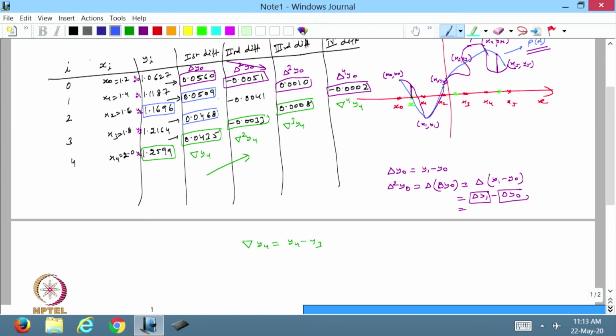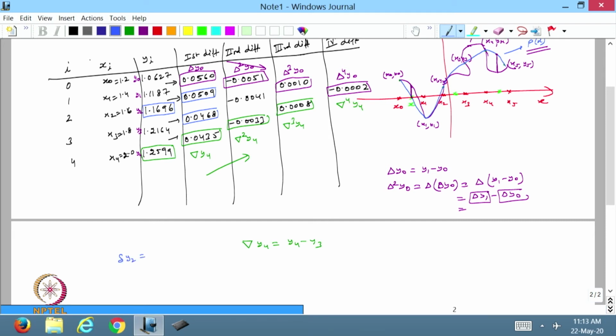Now, I want to find delta y2. So, what is delta y2? It will be y2 plus half minus y2 minus half. So, it will be y5 by 2 minus y3 by 2.